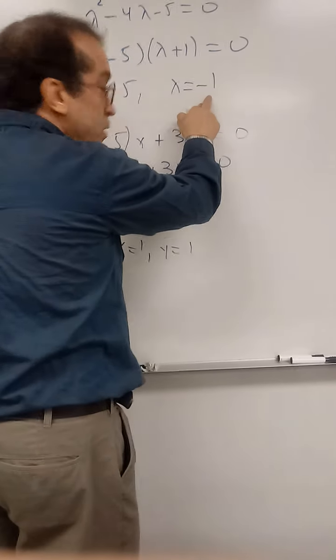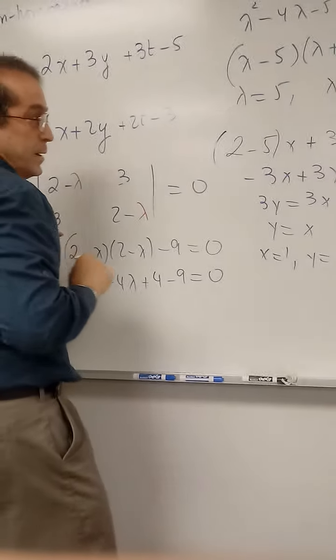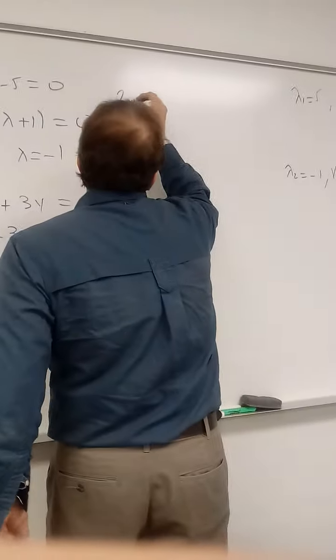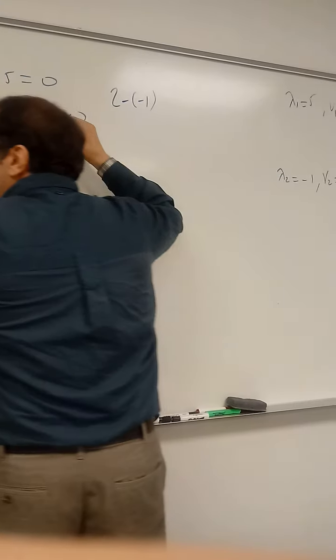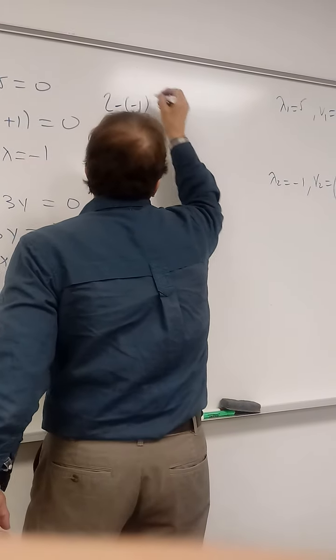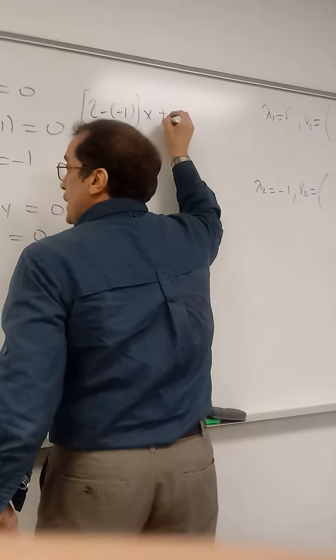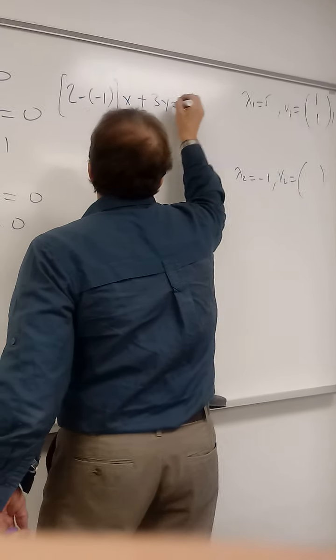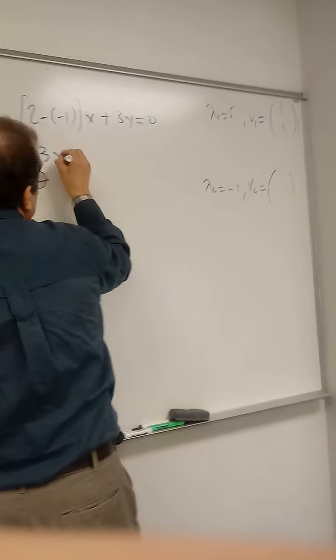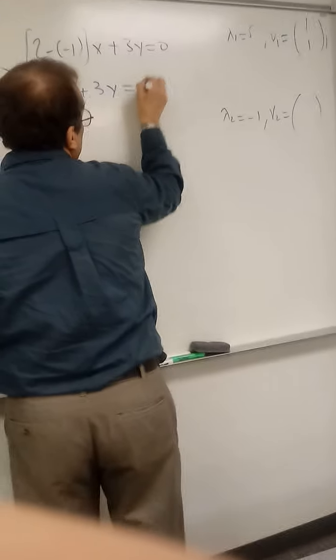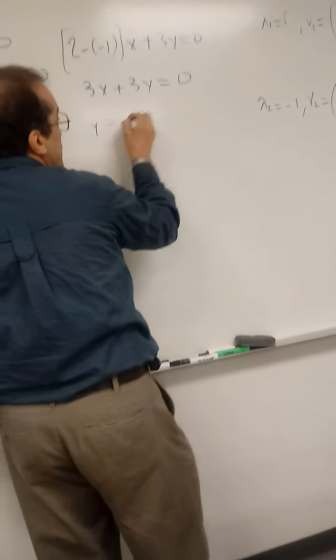For the second eigenvector, lambda 2 equals minus 1, put minus 1 in there, so it's 2 minus negative 1, and again you don't need the second line. So this looks like 3x plus 3y equals 0, so y equals negative x.